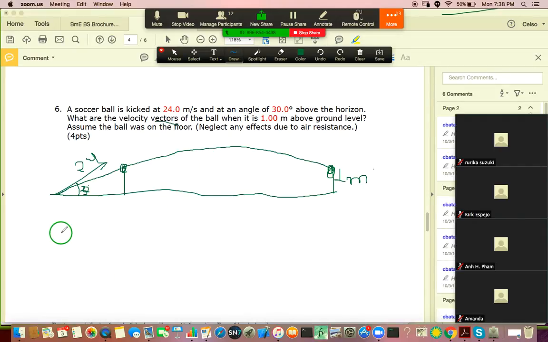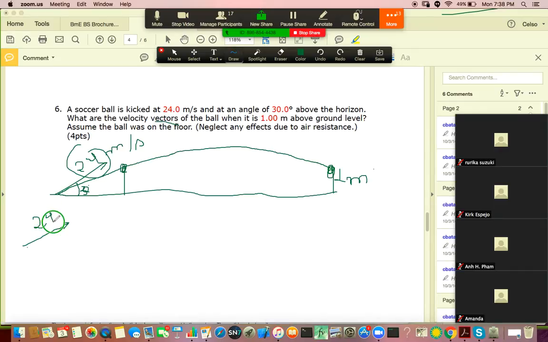So first thing you do, what's the first thing you do? You guys tell me. I mean, you have this problem. What's the first thing to do? Analyze the initial condition. There you go. For what? For your velocity. So you have a velocity vector that is like this. 24.